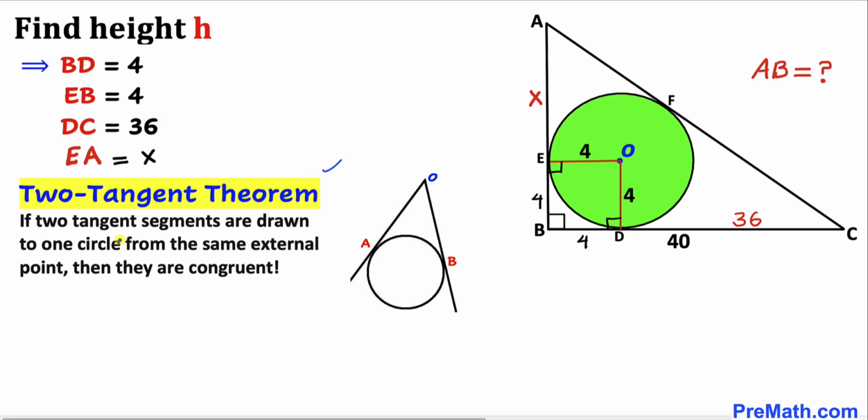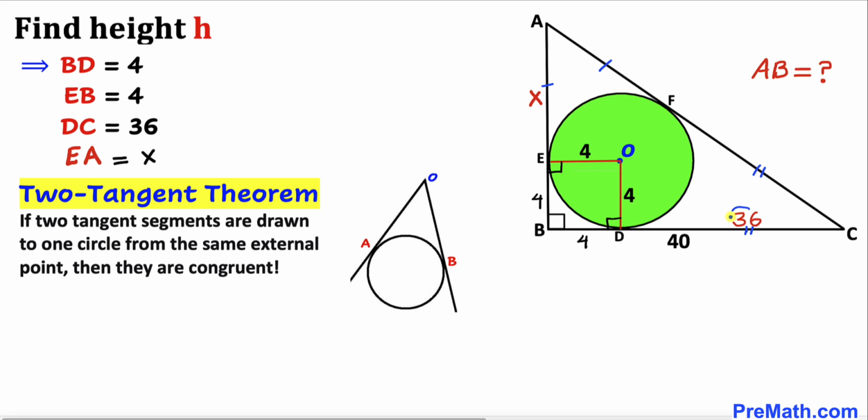According to this theorem, if two tangent segments are drawn to one circle from the same external point, then they are congruent, as you can see in this diagram. Therefore, we conclude that this tangent is congruent to this tangent, and likewise this tangent is congruent to this one.